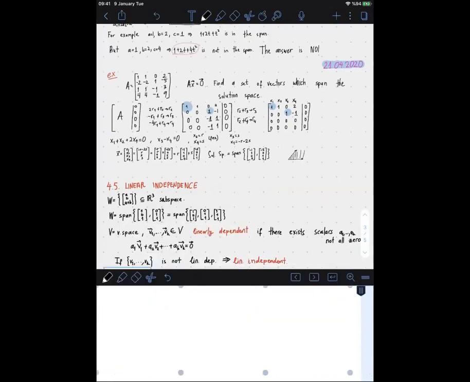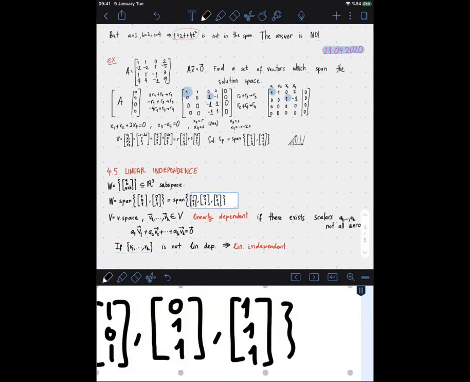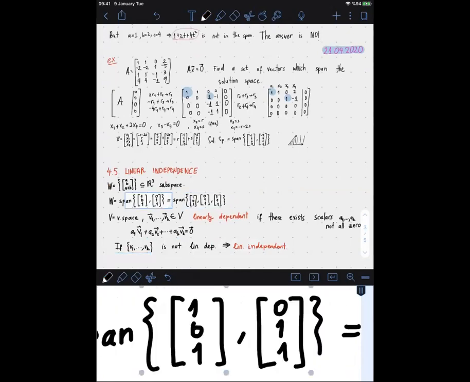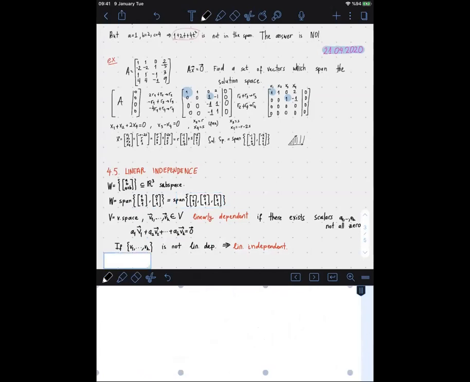Okay, let's look at the previous example. Let's try to see whether these two vectors are linearly dependent or independent, and let's see whether these three vectors are linearly dependent or independent. Let's first look at these two vectors.